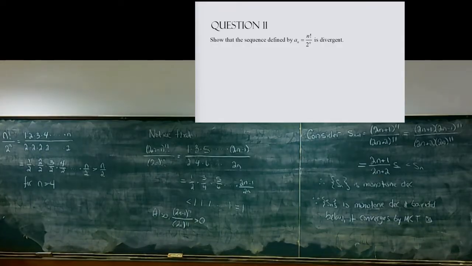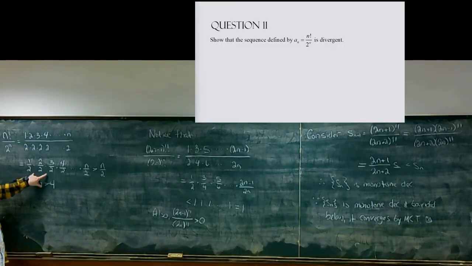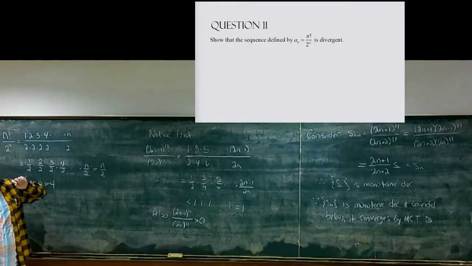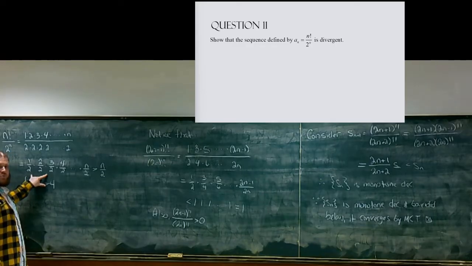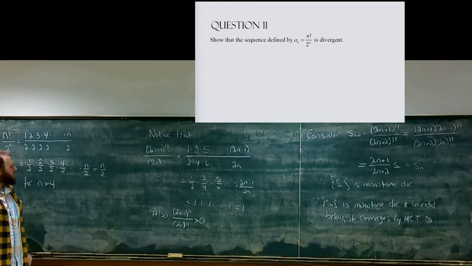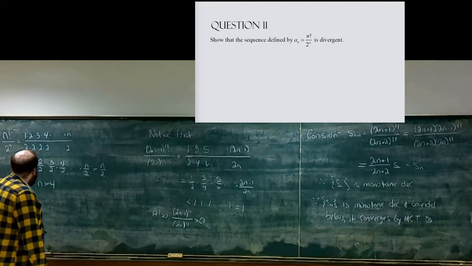Doesn't work for 2. You get a half versus 1. For 3, you're going to get 3/4. That's not larger than 3/2. At 4, you're going to get, what is it, 3/4 times 2, which is 6/4. Is that larger than 3/2?